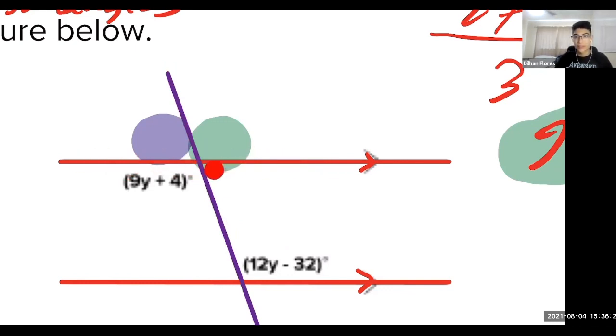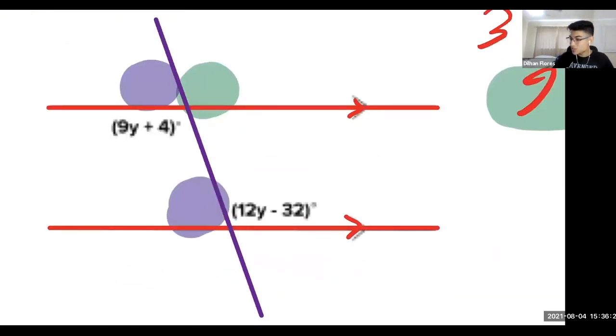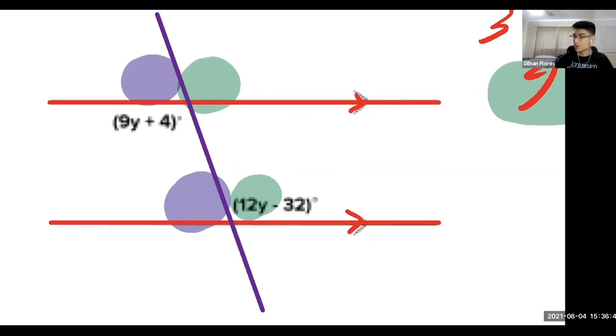So this is the exact same line, and we are going to get the exact same angles formed. Since they're the same line, green is equal to green. It's going to be the same angle. Blue is equal to blue, same exact angle.